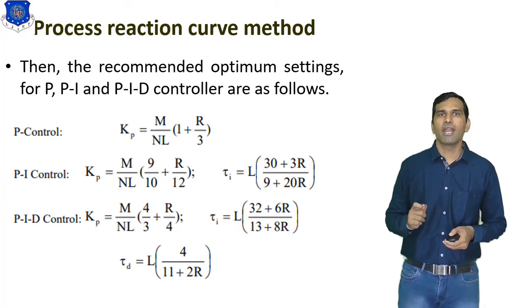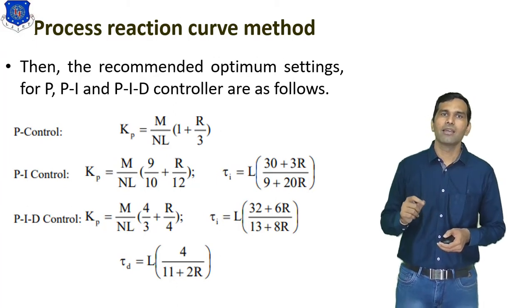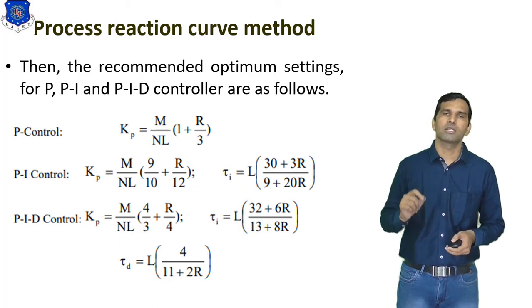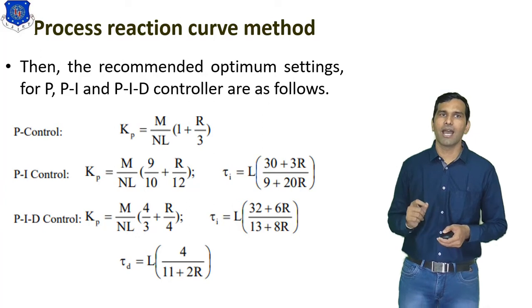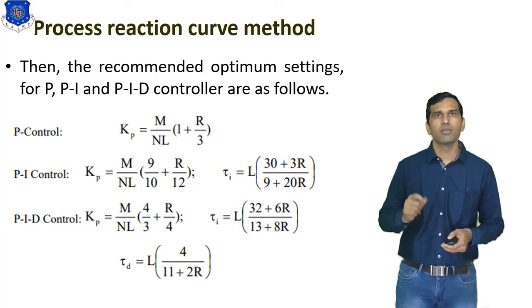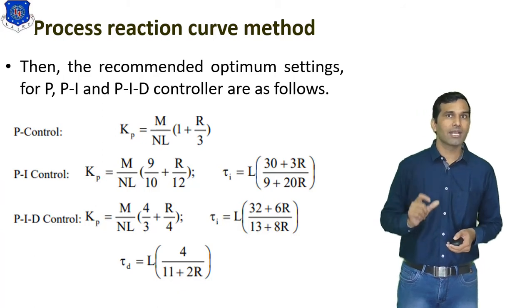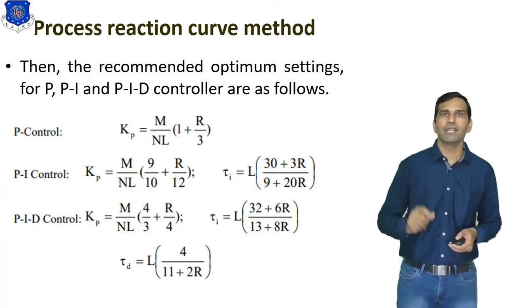And we can also find the value of Ki or Ti by using L × (30 + 3R)/(9 + 20R). So we get the values of Kp and Ti for the PI controller by using this second equation. And for the PID controller, we require the values of Kp, Ki and Kd.